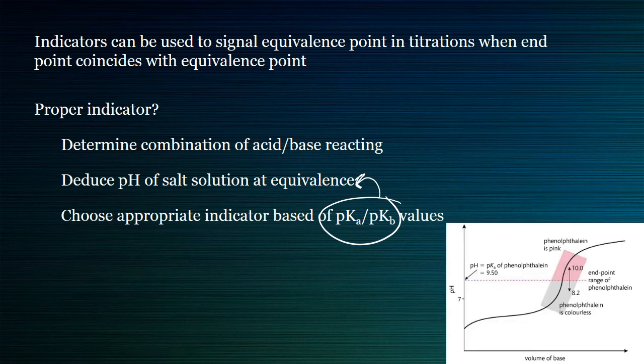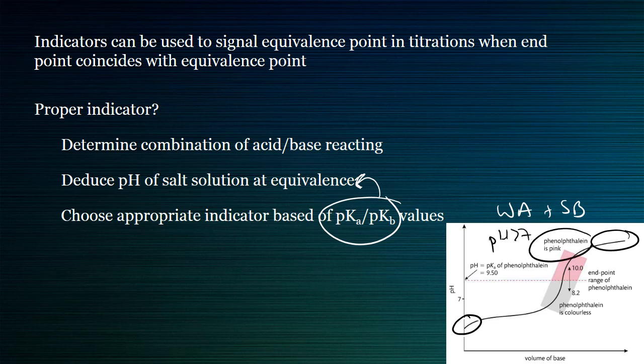And so here's an example. We have our curve, right? And so here we are reacting a weak acid with a strong base because we have a low starting point, right? And then we have a high ending point. So we know our pH is going to be greater than 7.